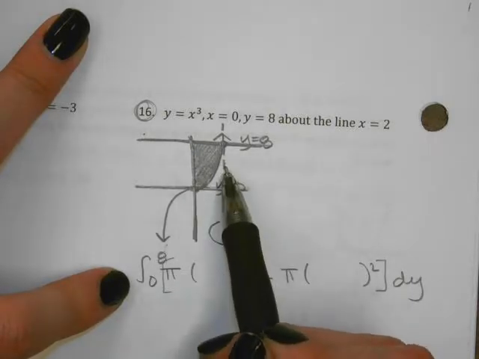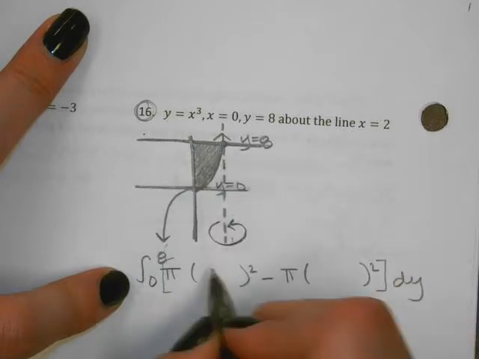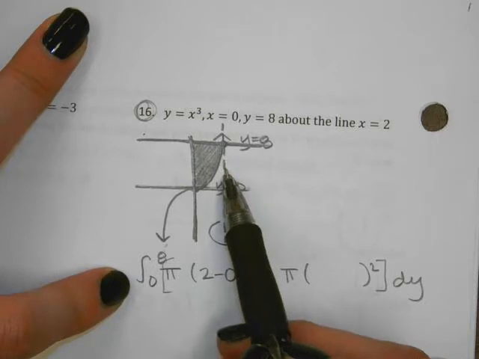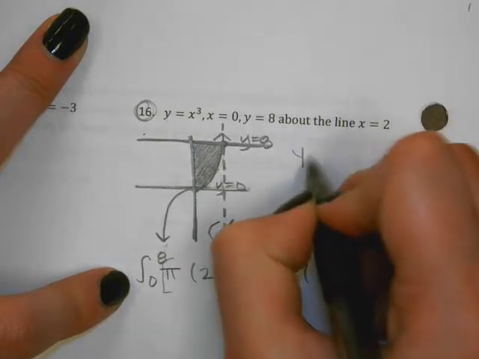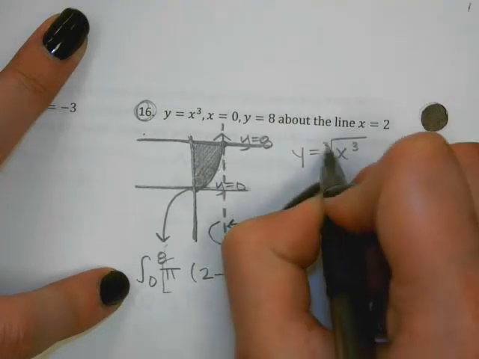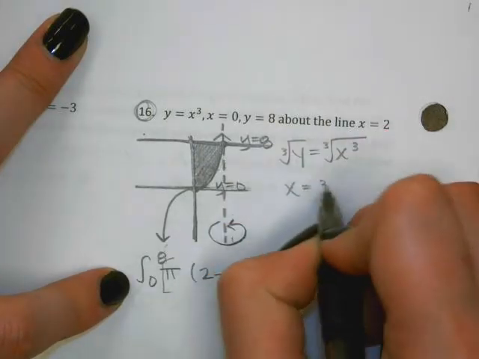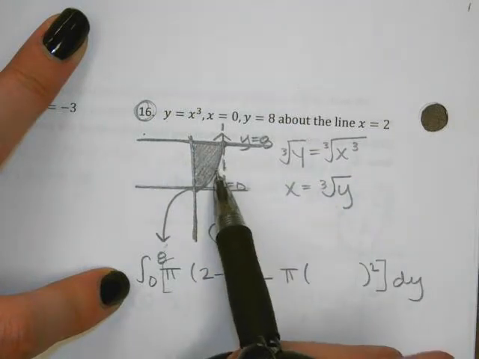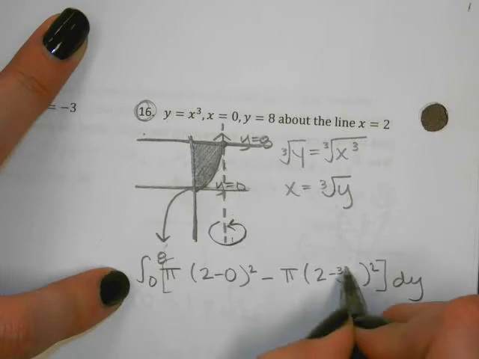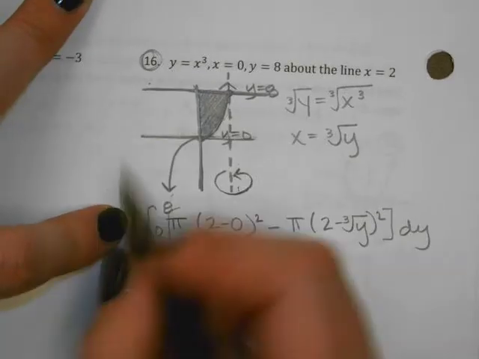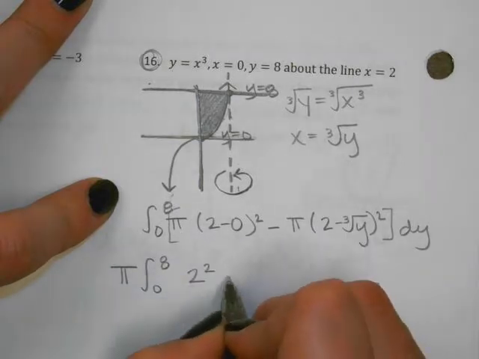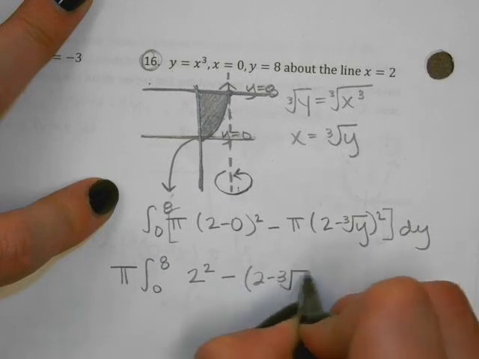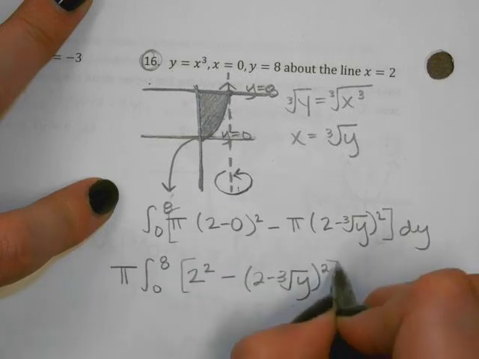I do right minus left, so 2 minus 0. The curve that's closest is the x to the third curve, so I do 2 minus this curve in terms of y. So x equals the third root of y, and I have 2 minus the third root of y. So we have 2 squared minus 2 minus the third root of y squared dy.